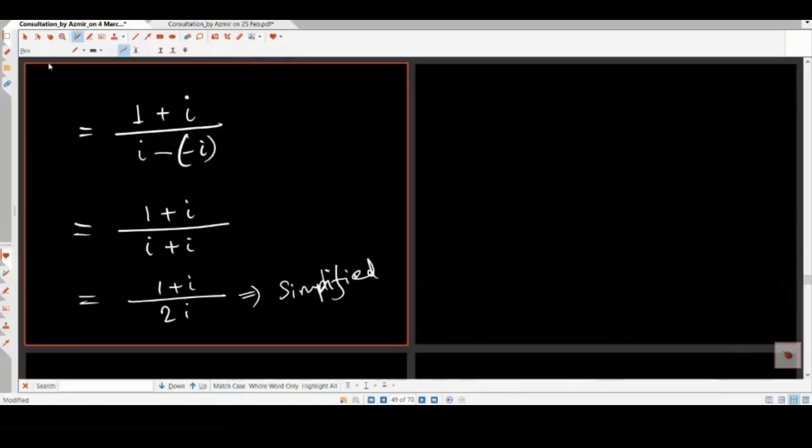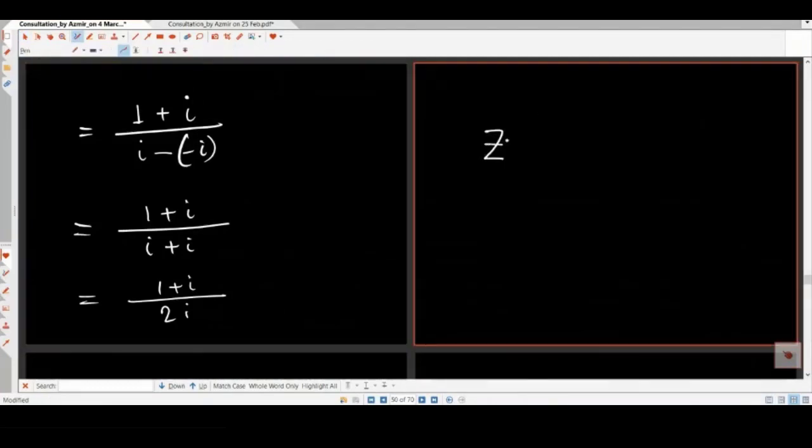So we can keep our answer here, but the concept is, don't forget the standard form of a complex number. We know that the standard form of a complex number is z equal to x plus yi.